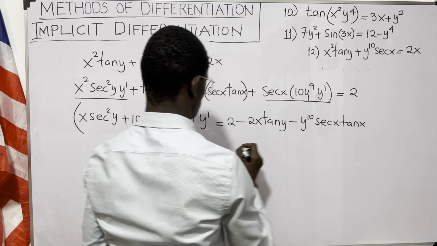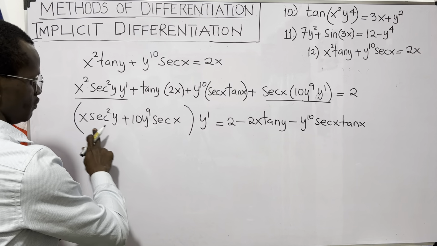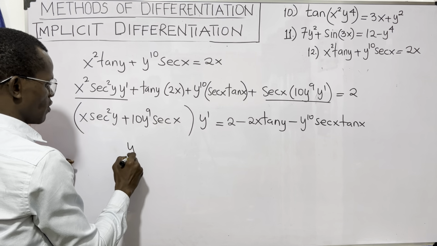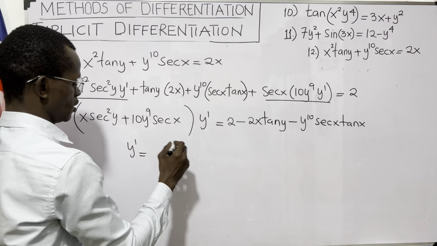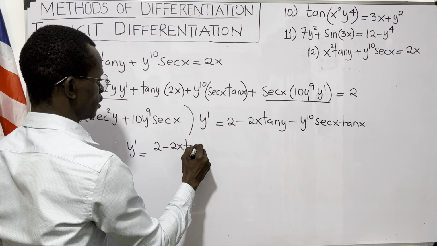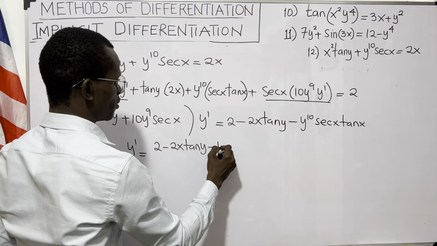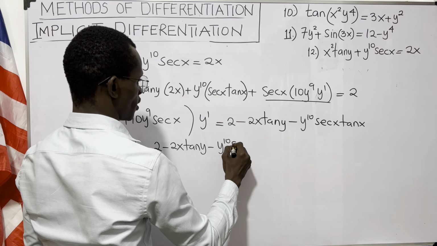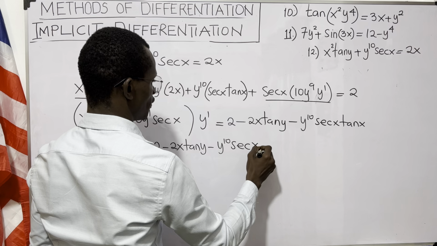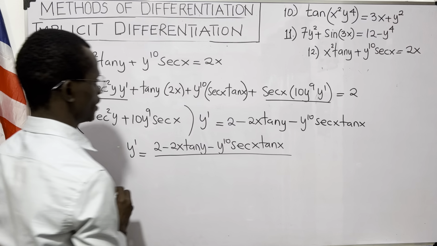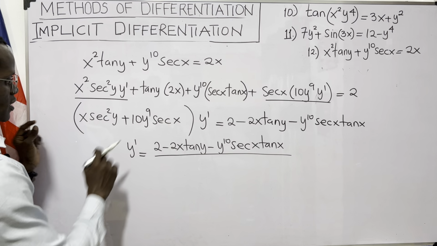tangent of x. We divide this side and this side by this expression, we have y prime to be 2 minus 2x tangent of y minus y to the 10th power secant of x tangent of x, all divided by this expression, right?